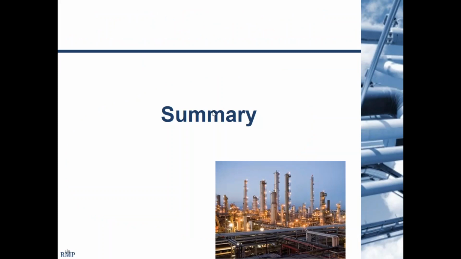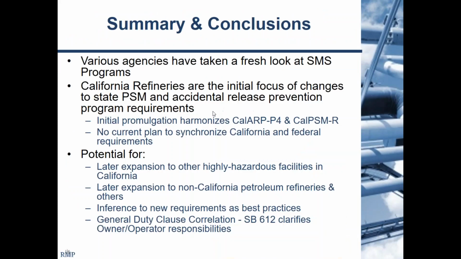All right, so just to summarize, there have been a lot of agencies taking a fresh look at these safety management system programs. California refineries are the initial focus of these changes that we just went over, and these apply to the state PSM and accidental release prevention program requirements, again in California for refineries.